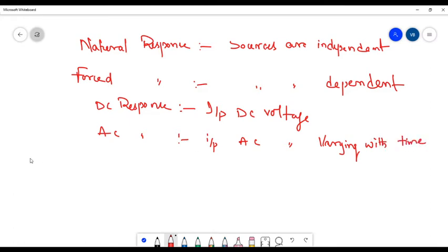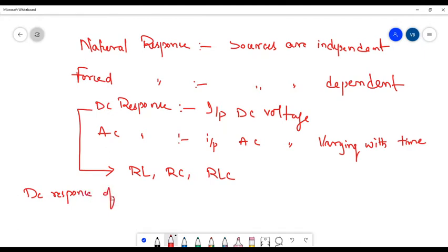So first I will explain the DC response for three circuits: RL circuit, RC circuit and RLC circuit. So first we will go for the DC response of RL circuits.